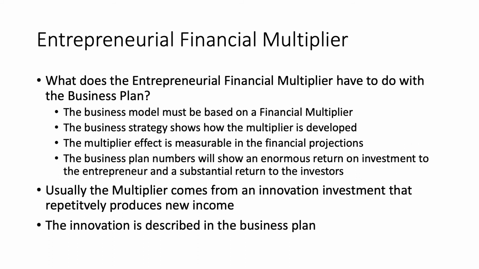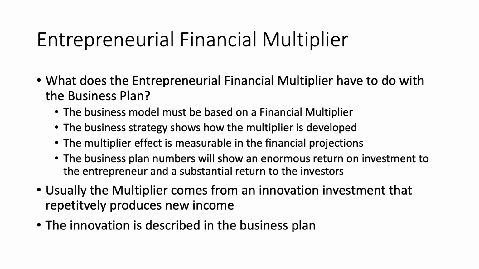The multiplier effect is measurable. It's not just a concept. Certainly it can be easily described intuitively, but in the business plan, we have financial models that show the projections of the financial performance of the business. And in those financial models, we'll be able to clearly demonstrate in a quantitative fashion how the multiplier works and how well it works.